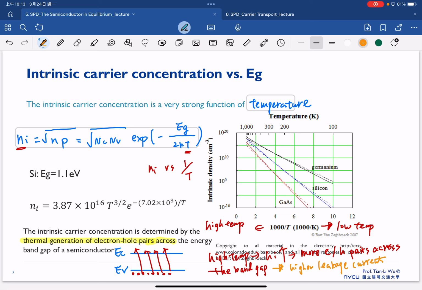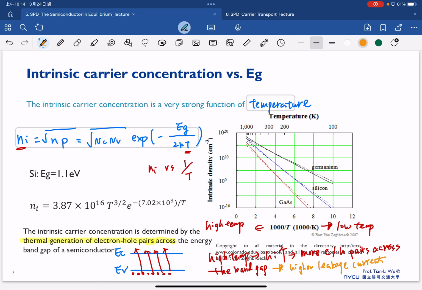So the purpose of deriving this equation is not to confuse us. It is to support our observation and our understanding.